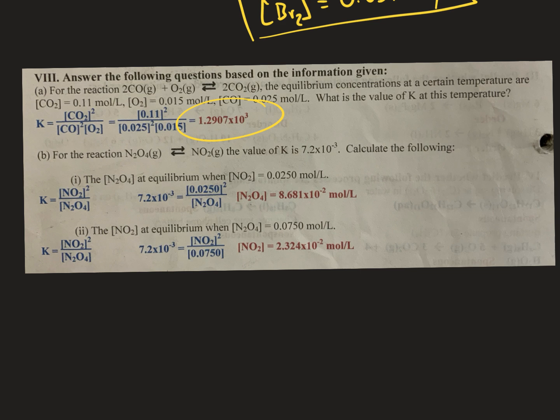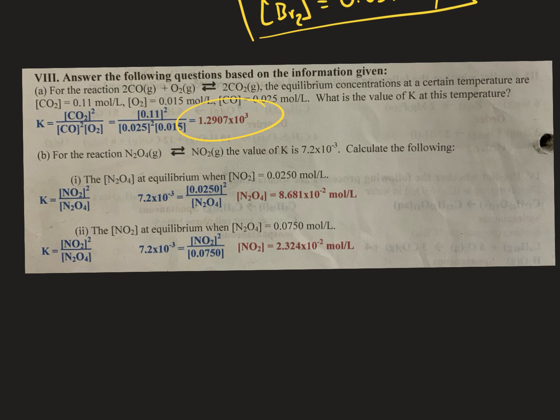You can get rid of that parenthesis and put squared right there, and then times the 0.015. Because what you entered was this divided by this, and then times this. Oh, okay. That makes sense.